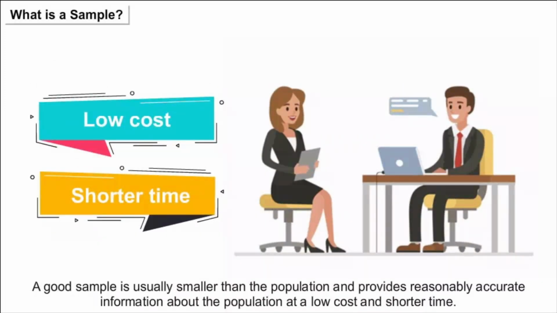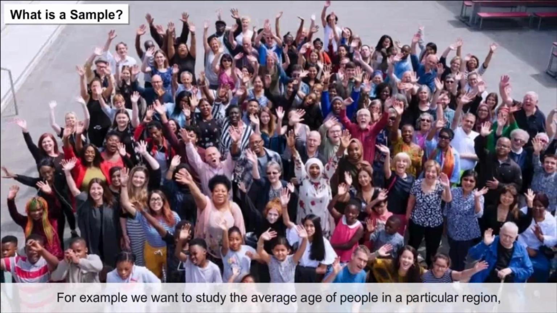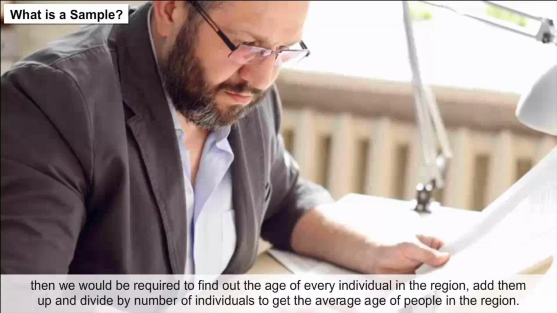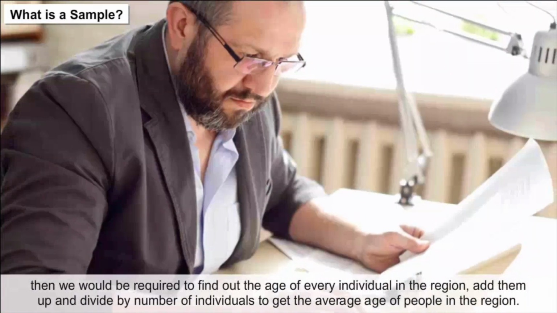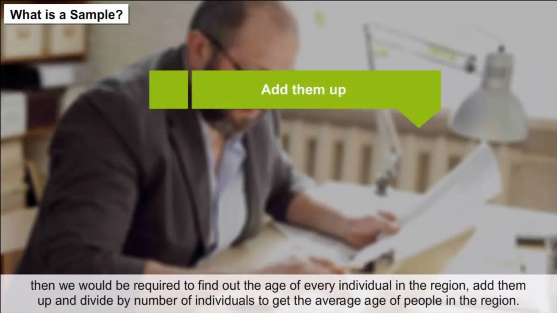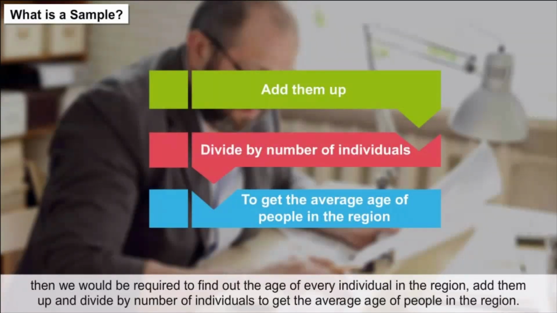cost and in shorter time. For example, if we want to study the average age of people in a particular region, we would be required to find out the age of every individual in the region, add them up and divide by the number of individuals to get the average age.